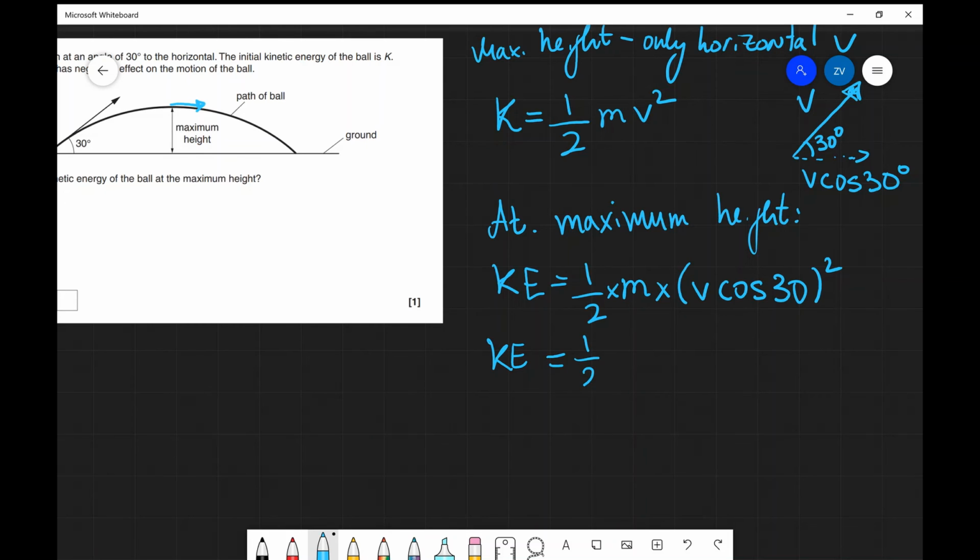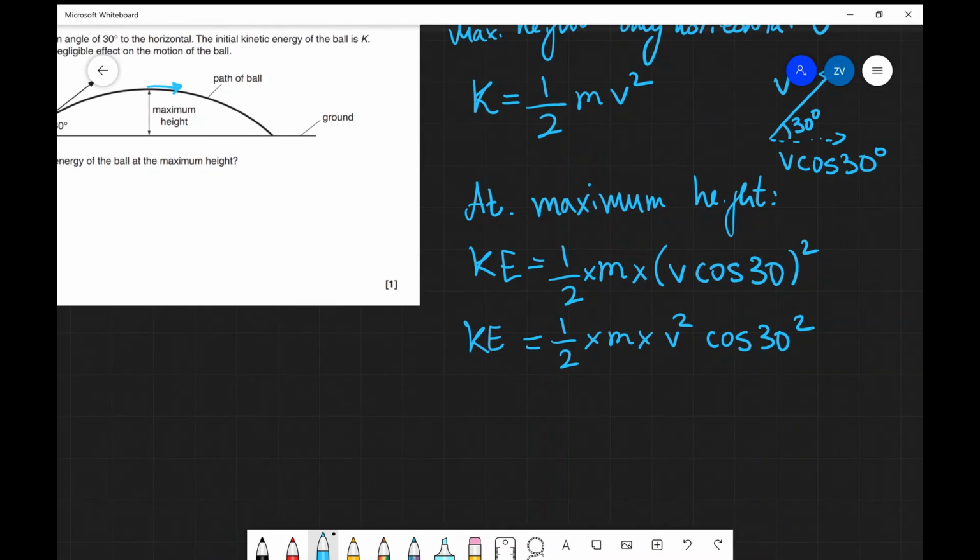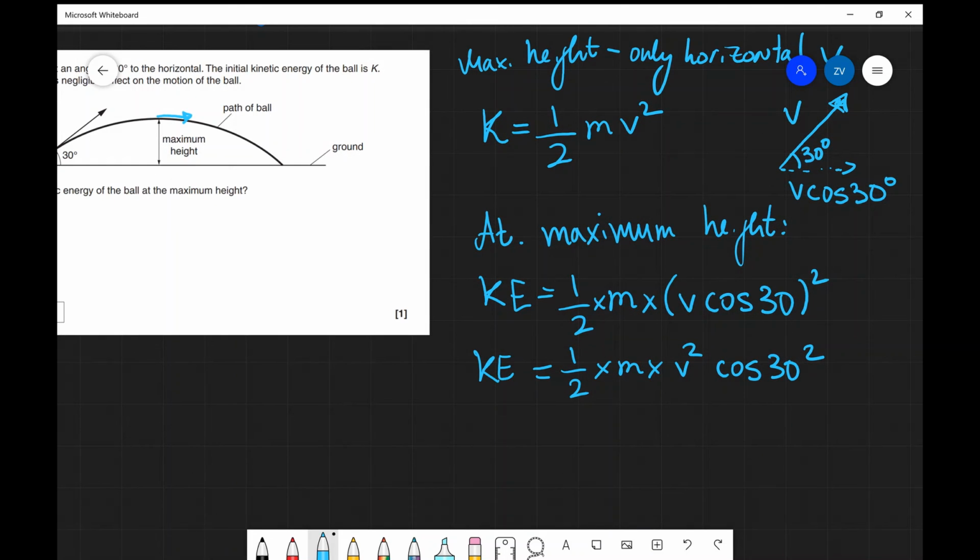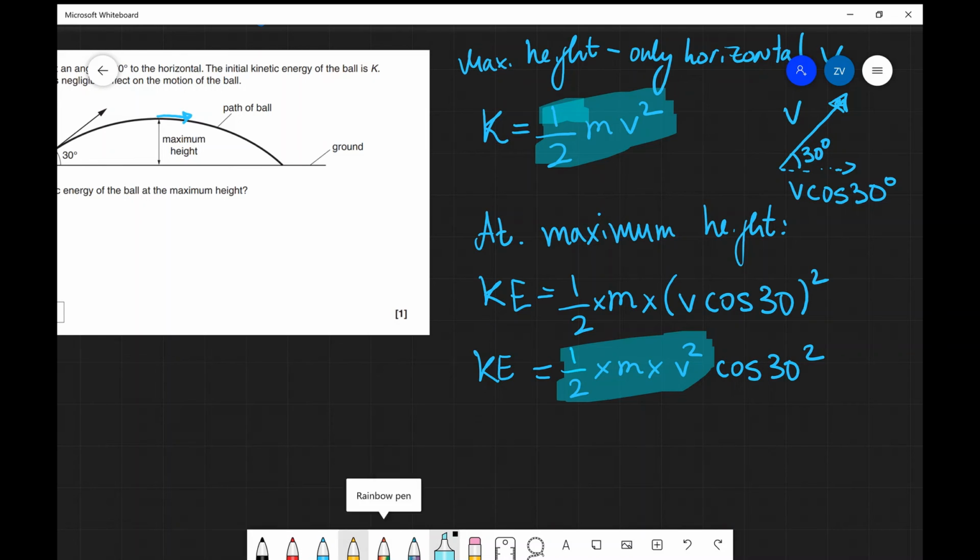So it's going to be a half times the mass times v squared cosine 30 squared. Notice that this half mv squared is actually K. So rather than a half mv squared, I can just write K. So this is equal to K cosine 30 squared.